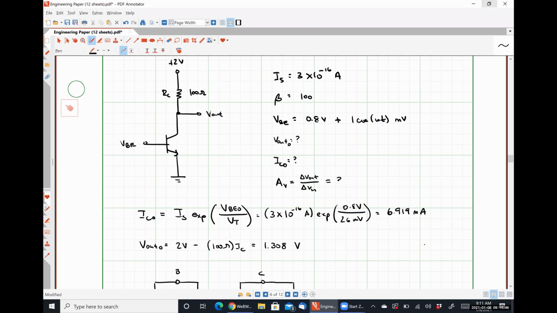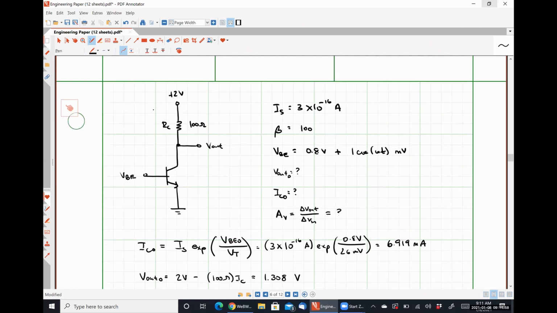So when we apply the small signal model, we zero out all of our DC sources. So if we short out the 2-volt source that's applied up here, that's why we're connecting our resistor between the collector pin and ground.